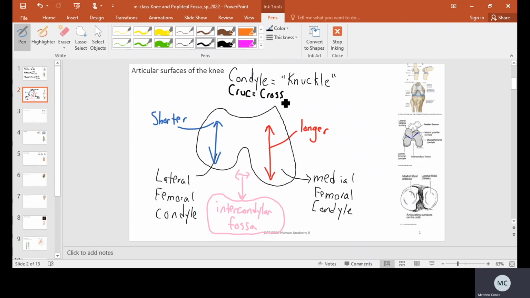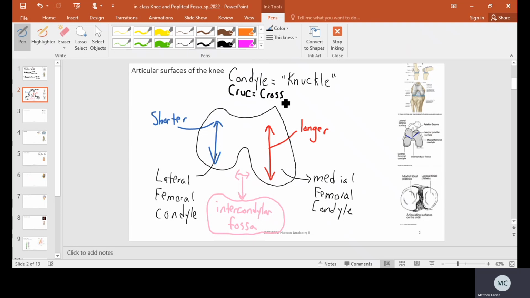Now, the other part of it, we're going to get into this a little later, is that my ACL and my PCL attach to different sections of the intercondylar fossa. Okay, so I want to make sure you understand, because a lot of times, especially as PTs, we figure, okay, that ACL kind of attaches somewhere on the tibia and somewhere on the femur, but we're not exactly sure where.